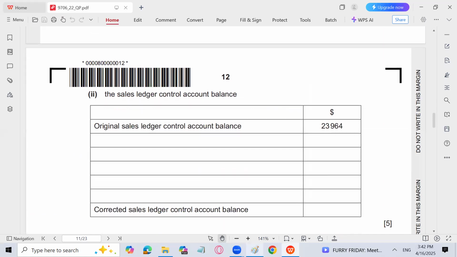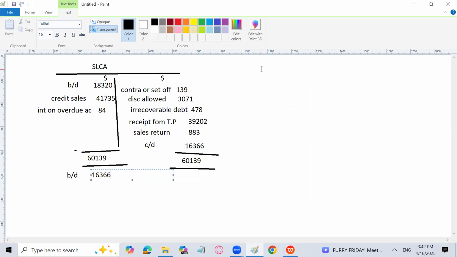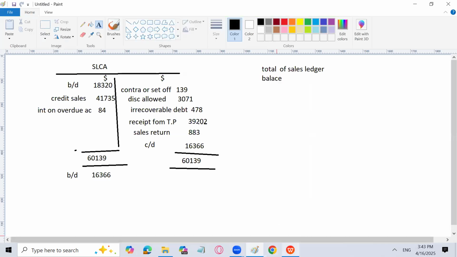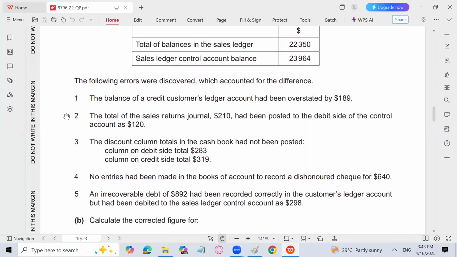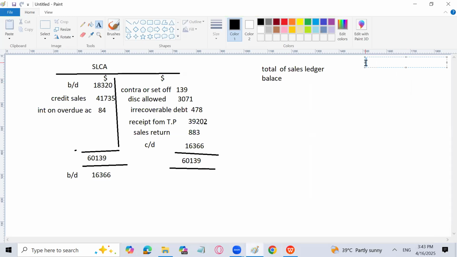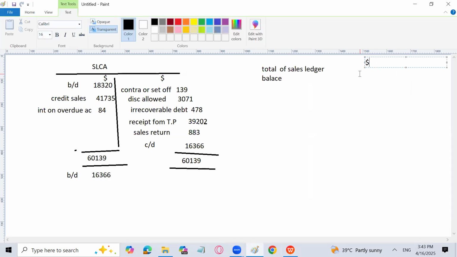So let's prepare the control account reconciliation over here. I will write total of sales ledger balance. Total of sale ledger balance is given in the question. That is 22350. So I will write here, with the dollar sign, 22350.